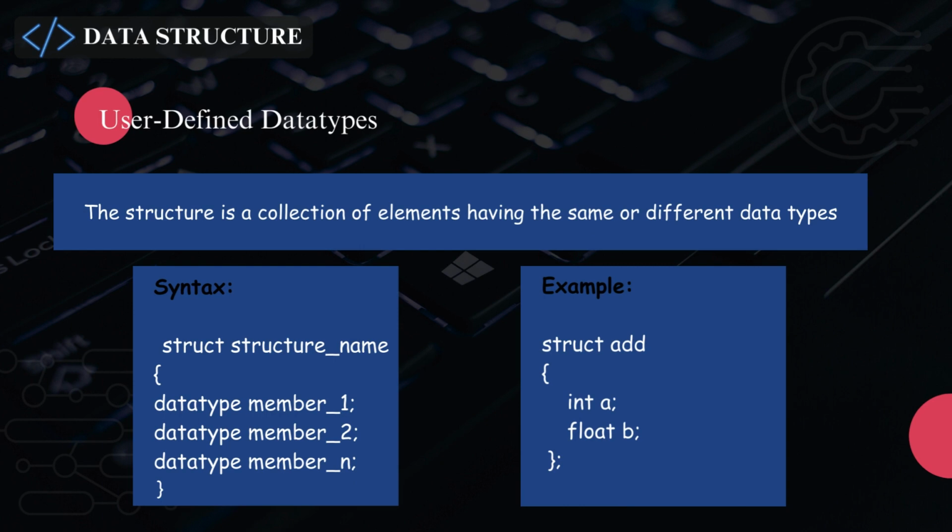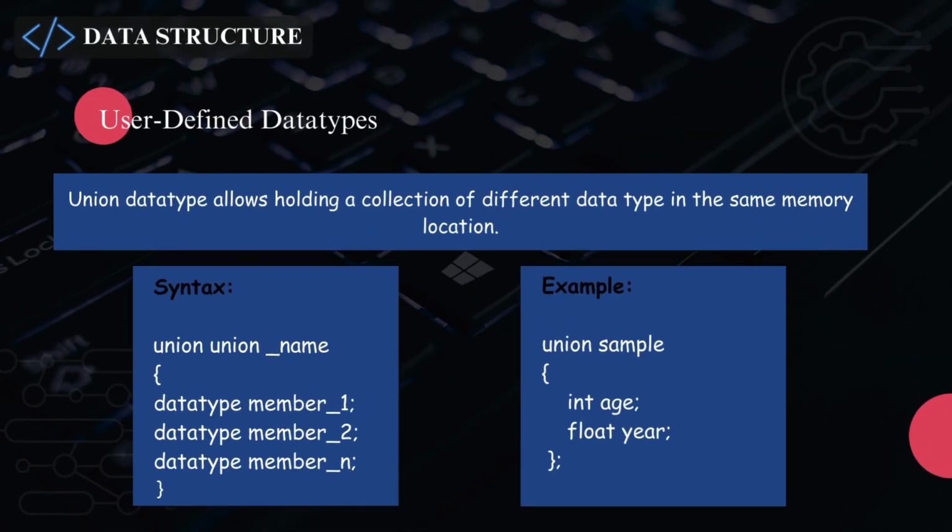For example, struct add, open curly brackets, int a, float b, and close the brackets with a semicolon. Again, the union data type allows holding a collection of other data types in the same memory location. Example: union, open curly brackets, int age and float year, and close the curly brackets. And the different data types will be explained by Sankar. Thank you.